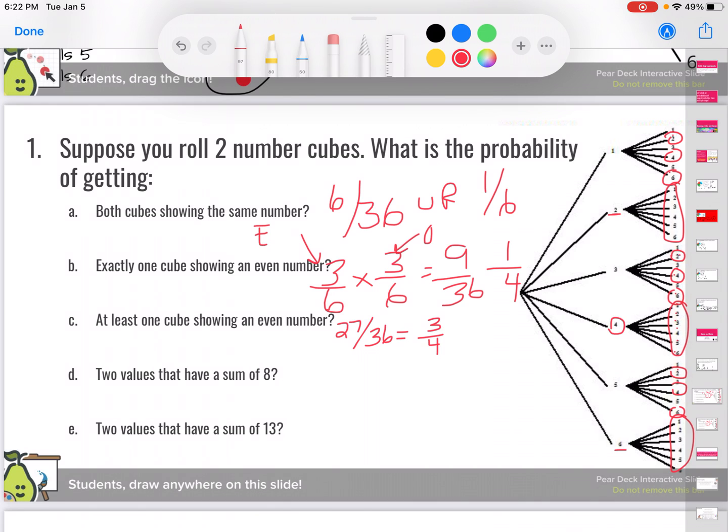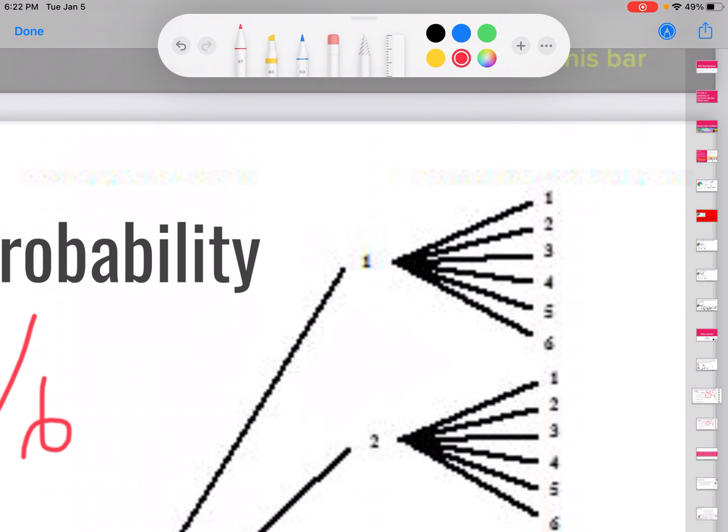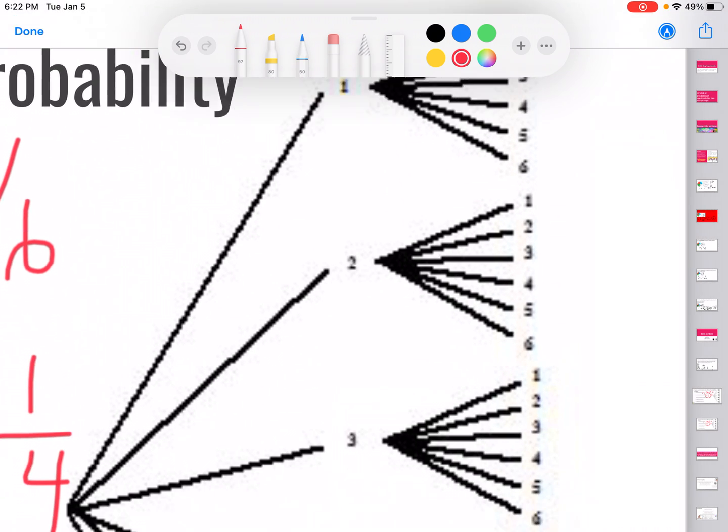Two values that have a sum of 8. So you roll 2 cubes and they have a sum of 8. Okay, so let's go back. So that could be 6 and 1 add up to 7, so that's not going to work.